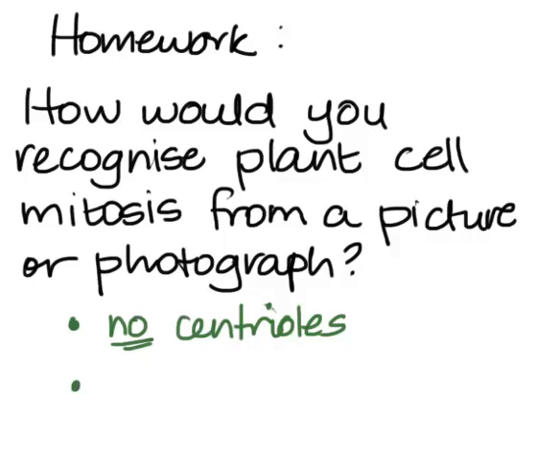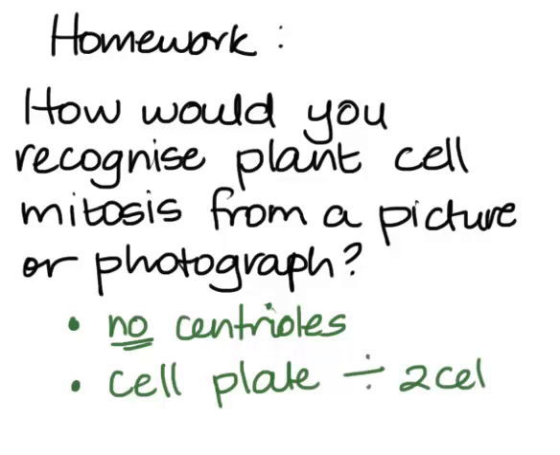Secondly, even with not such a high-powered microscope, you can see it very clearly that the cell plate divides the two cells. The cell plate is laid down between the two cells during telophase and cytokinesis to separate the two cells from each other.